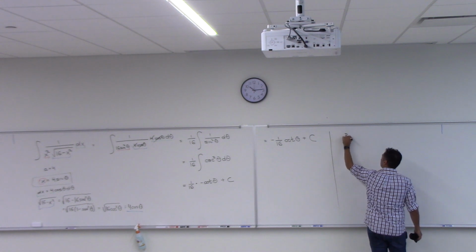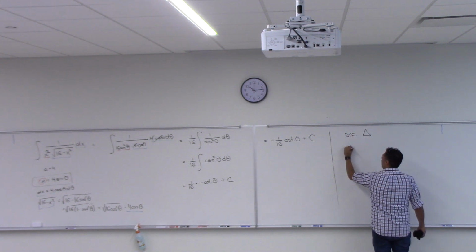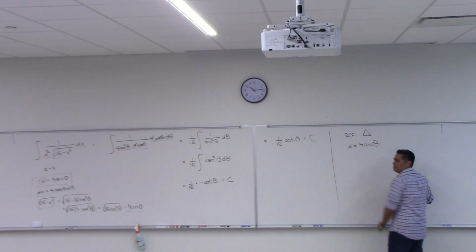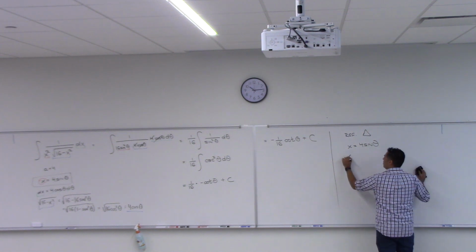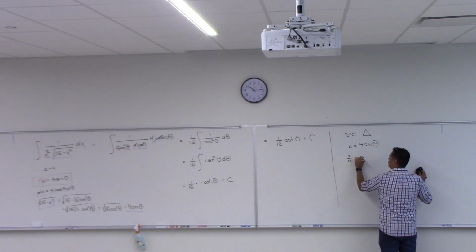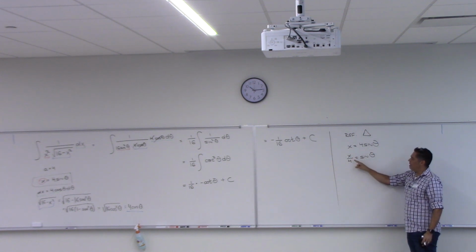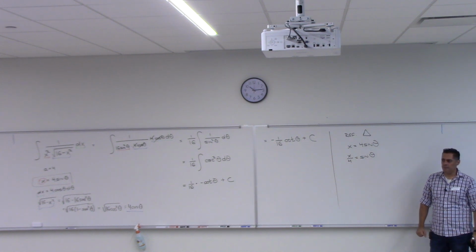Here comes my reference triangle. I'm going to write x equals 4 sine theta. We didn't have that 4 before, did we? And remember, sine is opposite over hypotenuse, right? So what I'm going to do first is divide both sides by 4 to create this fraction. And now I have opposite over hypotenuse. You see?